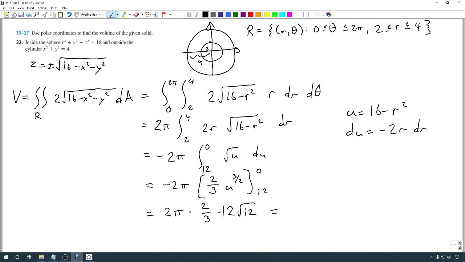First of all, the 12 divided by 3 is just going to be 4. So I'm going to have a 4 times 2 times 2. That's a 16. So you can write this as 16 pi times square root of 12. Or you can even note that 12, we can pull out a 4 and end up multiplying the outside by 2.